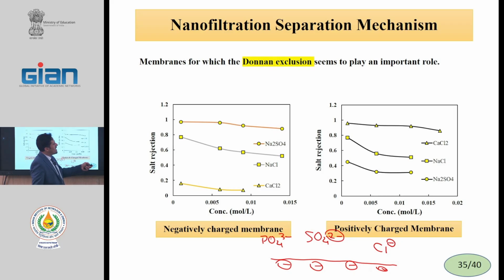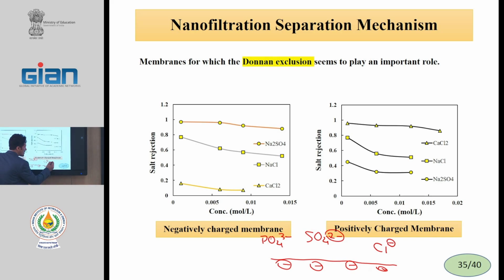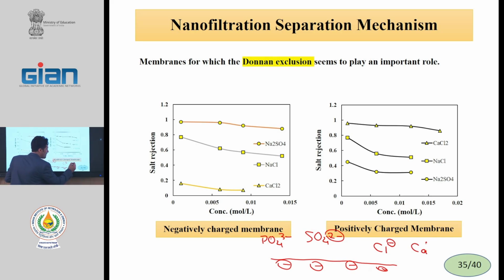But when we compare the chlorides, chloride is similar, but sodium and calcium differ. Calcium has 2+, okay? You see that the chloride is similar, but changing sodium to calcium, the rejection is reduced.